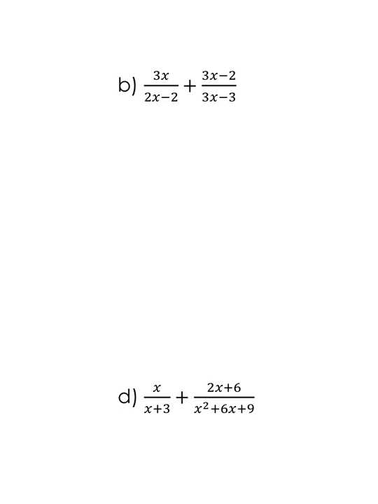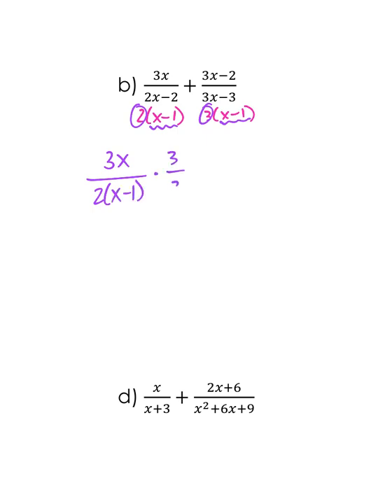So over here, this is 2 times x minus 1. And this one would be 3 times x minus 1. So they do have this x minus 1 in common. But now we need to get this 2 and this 3 to be equal. So I'm going to take this first factor, this 3x over 2 times x minus 1, and multiply that one by 3 over 3.